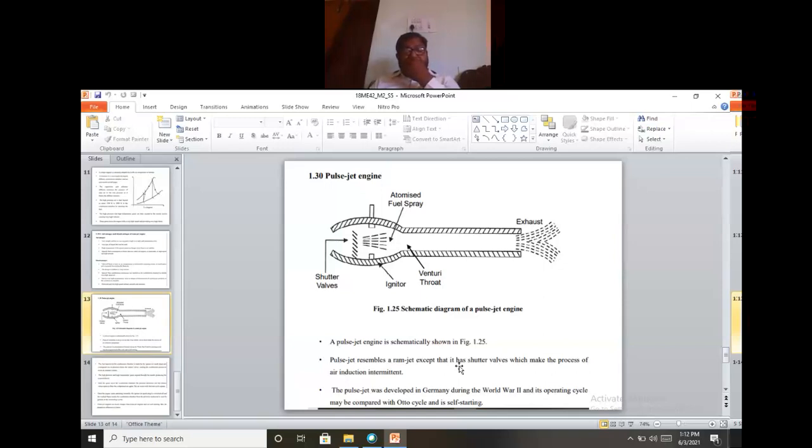High speed can be achieved in a short span of time, so it is also used in military applications and missiles. The ramjet and pulse jet come in the same category, but in the pulse jet there is a shuttle valve to direct the incoming air in different directions.